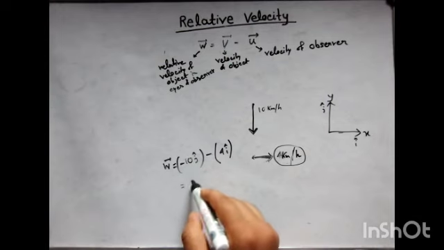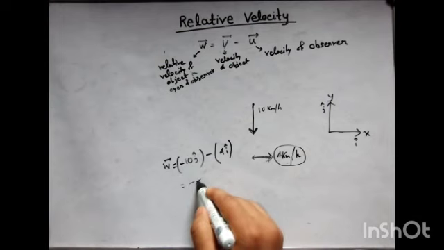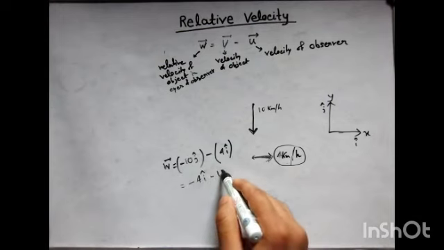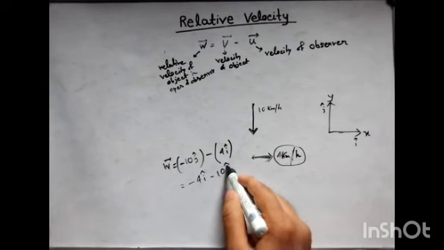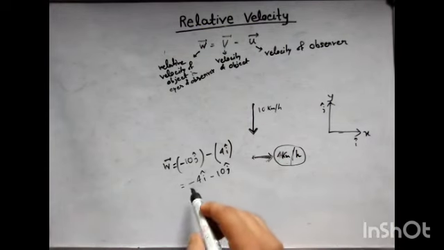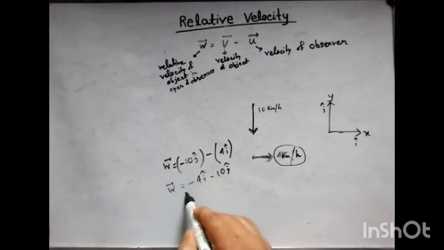So that will be minus 4 i cap minus 10 j cap. Okay, this will be the resultant vector.